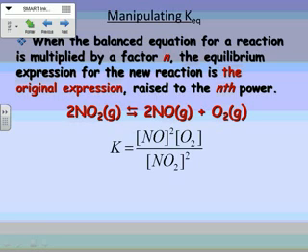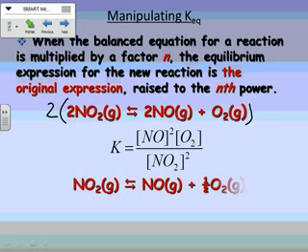If you multiply the balanced chemical equation by a factor of n, again like a Hess's law type thing where we have to multiply an entire equation by 2 or something like that, which I think is actually what's going to be shown here. No, we halved it. We multiply it by 1/2, to stay consistent with the example here. Then it becomes NO2 yields NO plus 1/2 O2.